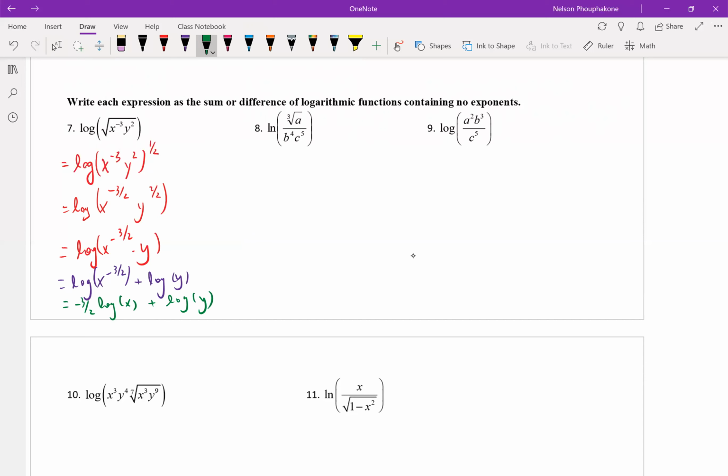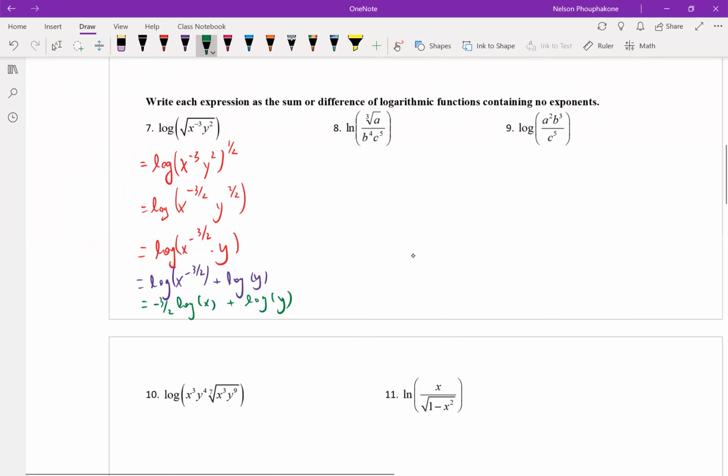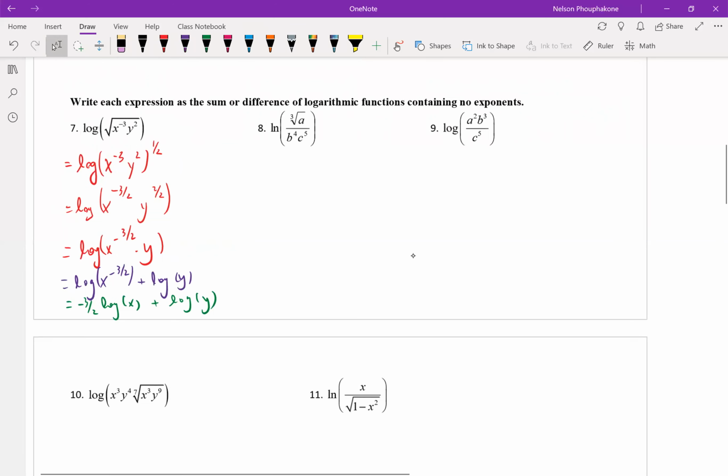Okay, and now try to work out number 8, number 9, number 10, and number 11. So to this one, first maybe I could do this. I have natural log of the cube root of a minus natural log of b to the power 4 c to the 5th.